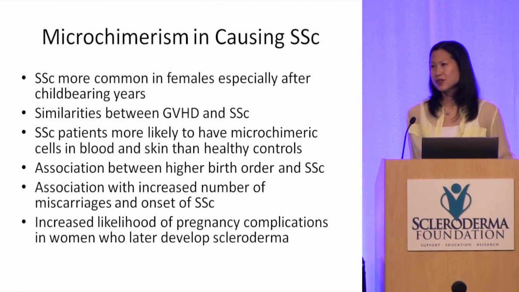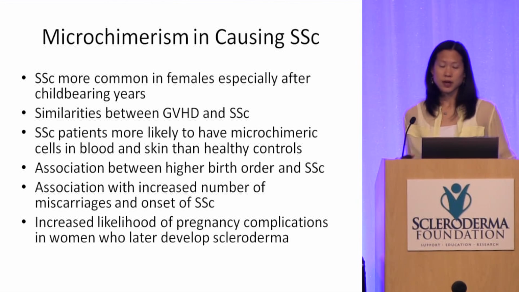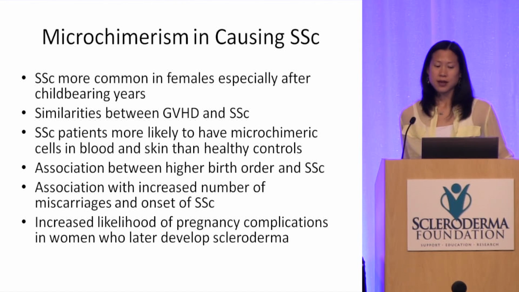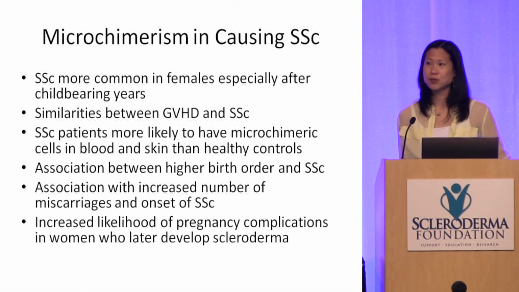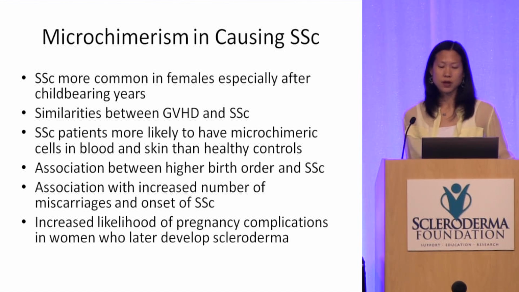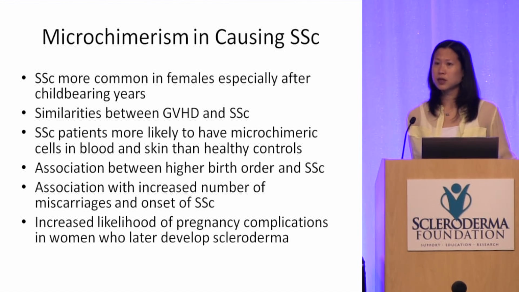So there's a lot of evidence supporting that microchimerism is involved in causing systemic sclerosis. I'm just going to read through this list here and then go through each variable and tell you a little bit more about the data that supports that microchimerism is involved in scleroderma. First of all, scleroderma is more common in females, especially after childbearing age. So the epidemiology supports that microchimerism may have a role. Secondly, there are similarities between graft-versus-host disease after stem cell transplant and systemic sclerosis.